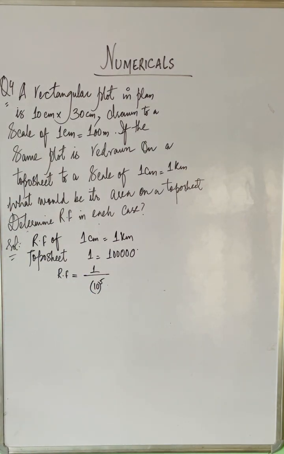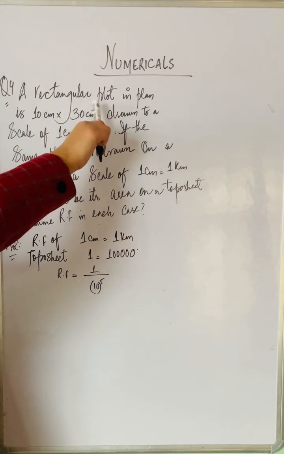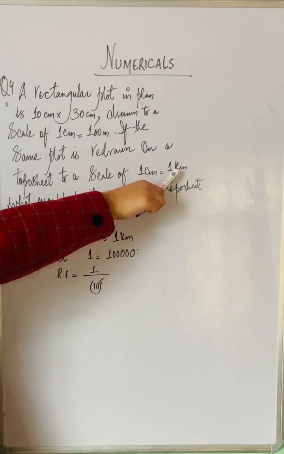Now we have to see what would be the area on a topo sheet of this rectangular plot, which has been redrawn on a topo sheet with a different representative fraction. The new representative fraction is 1 centimeter equal to 1 kilometer.